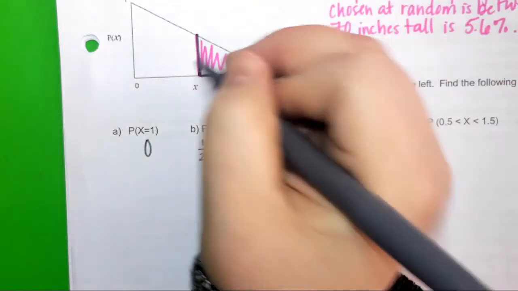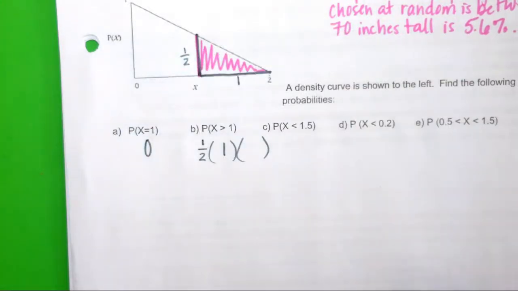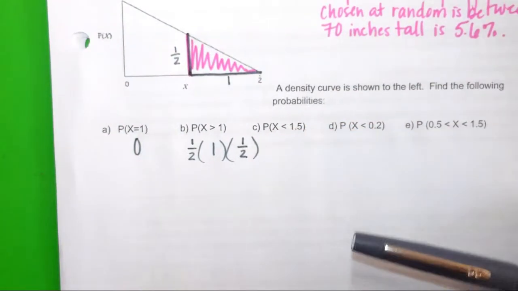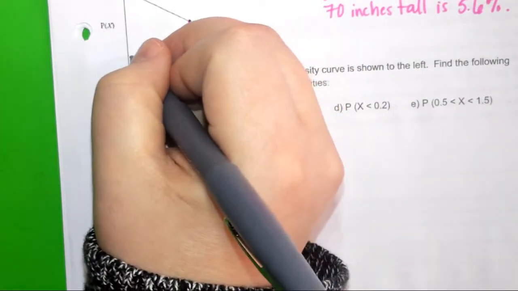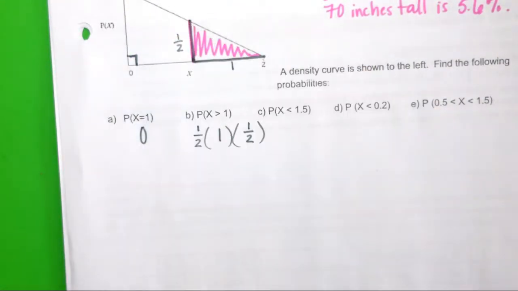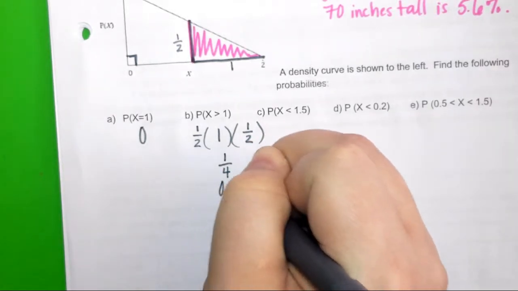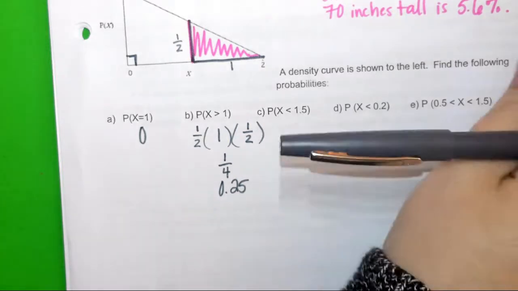I assumed it was 1/2 because we're about halfway up. So it ends up being 1/4, which is 0.25. So about 25%. Yeah, I'm good with that.